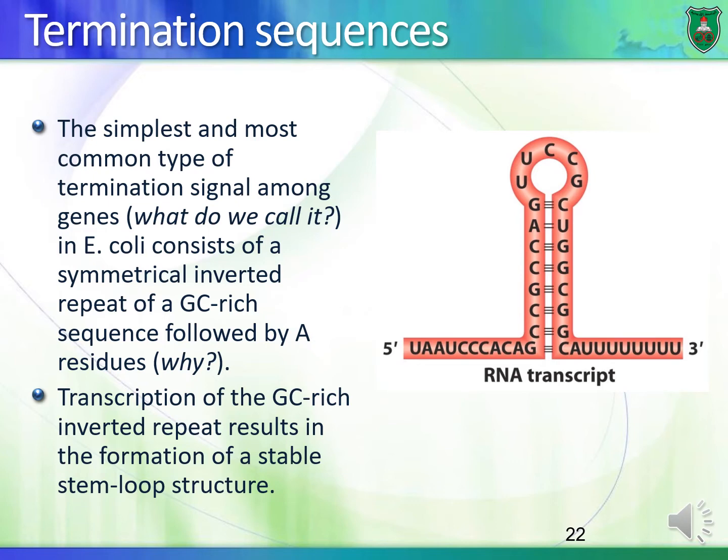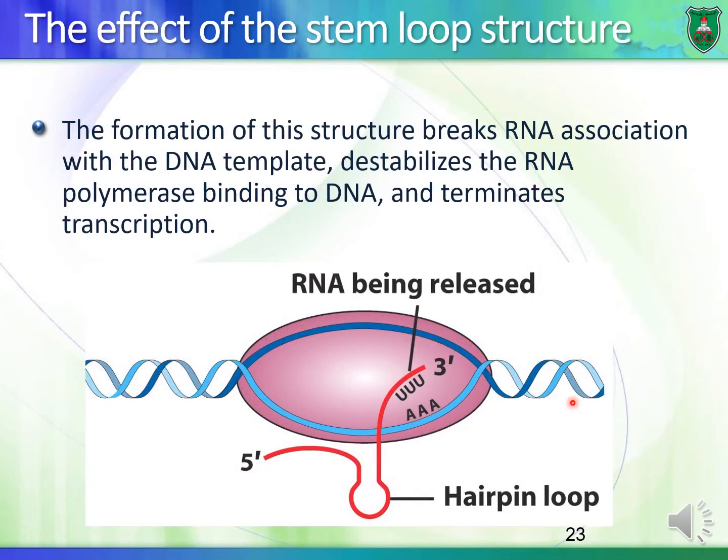So why is that important? What happens is, as the RNA polymerase is synthesizing RNA, you have the formation of a stem loop structure. And this stem loop structure destabilizes the interaction between RNA polymerase and mRNA, and mRNA and DNA.